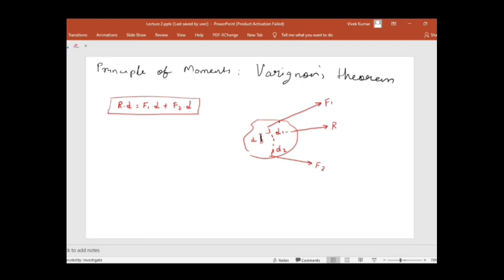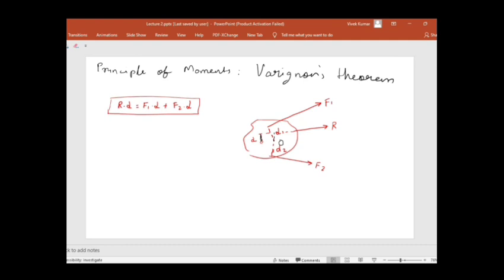Okay, so this is the point O about which we want to find out the moment and its perpendicular distance. यहाँ से मैंने इसको थोड़ा दूर दिखाया हुआ बिकॉज यहाँ पे स्पेस की प्रॉब्लम थी.